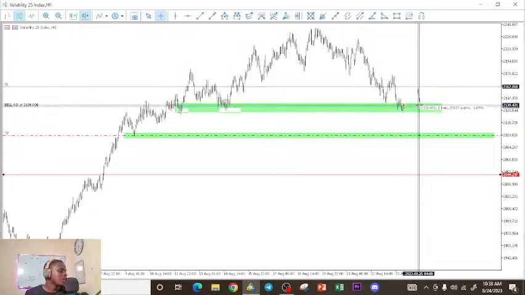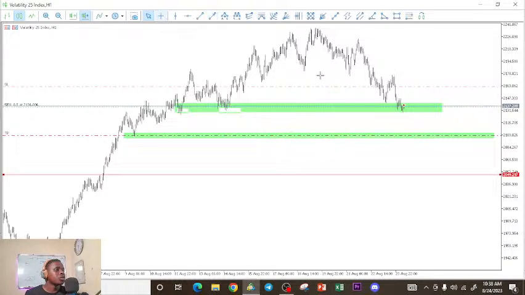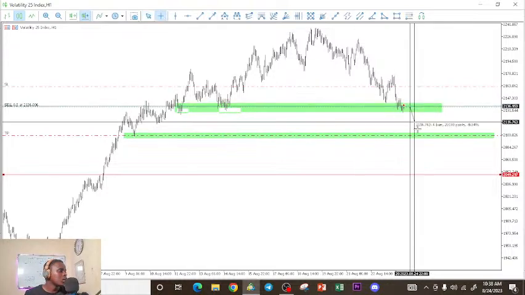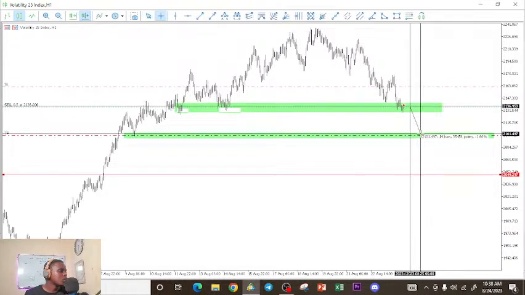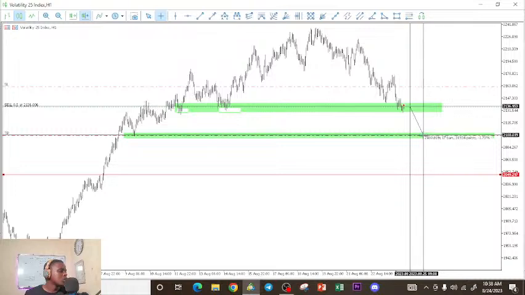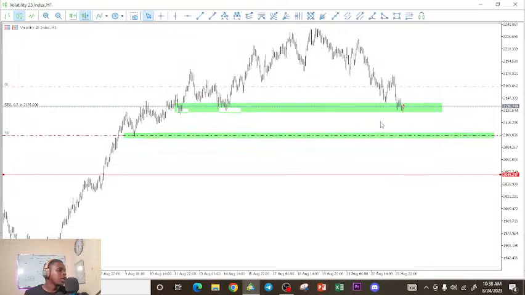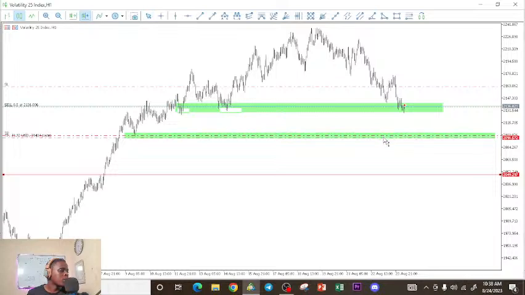This is 2134 points, and also this needs to be, okay, so it's like 1.123. So I'm just gonna push it lower, just like this. So this is my trade, my first trade for today, volatility 25 index.